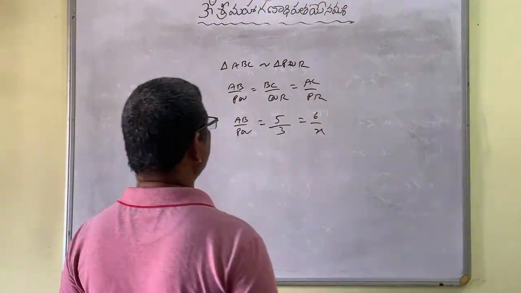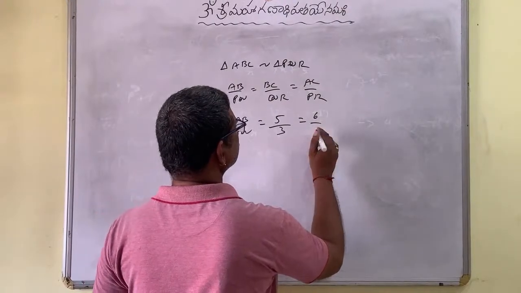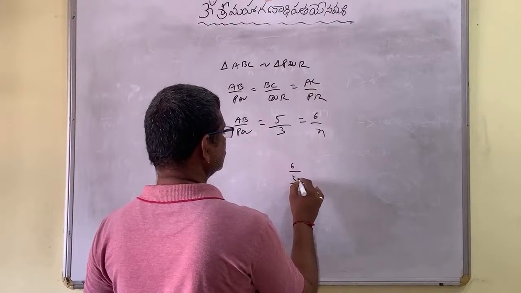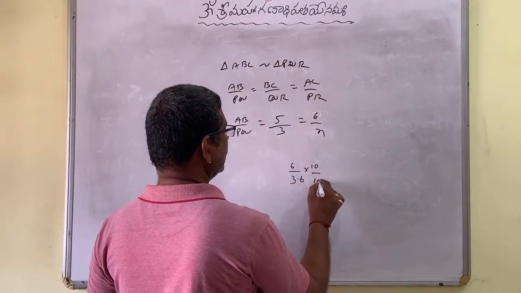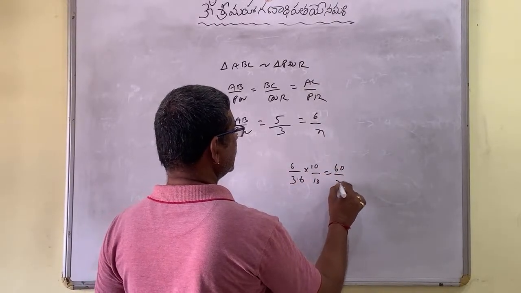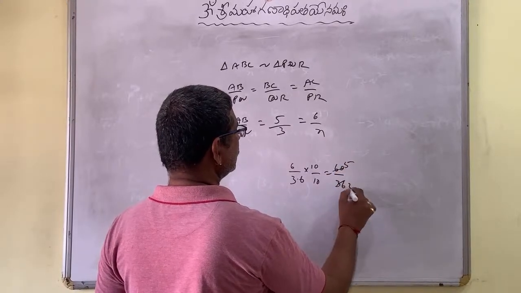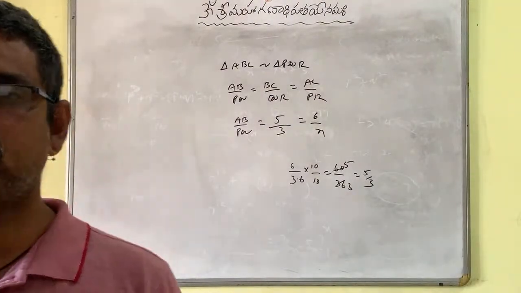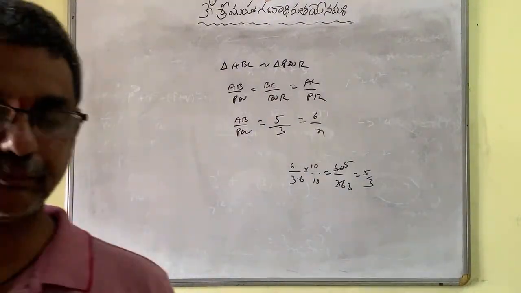X value is 3.6. Multiply by 10 by 10, 60 by 36. 12 fives, 12 threes. 5 by 3. So X value is 3.6.